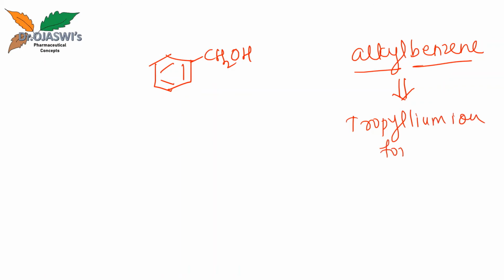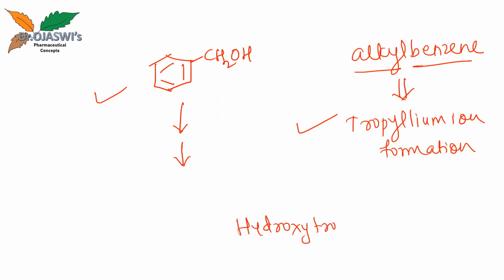You can refer to my earlier detailed video on tropylium ion formation. The final tropylium ion which can be formed for this particular structure will be called the hydroxytropylium ion. And how does that hydroxytropylium ion look? That we can write here.